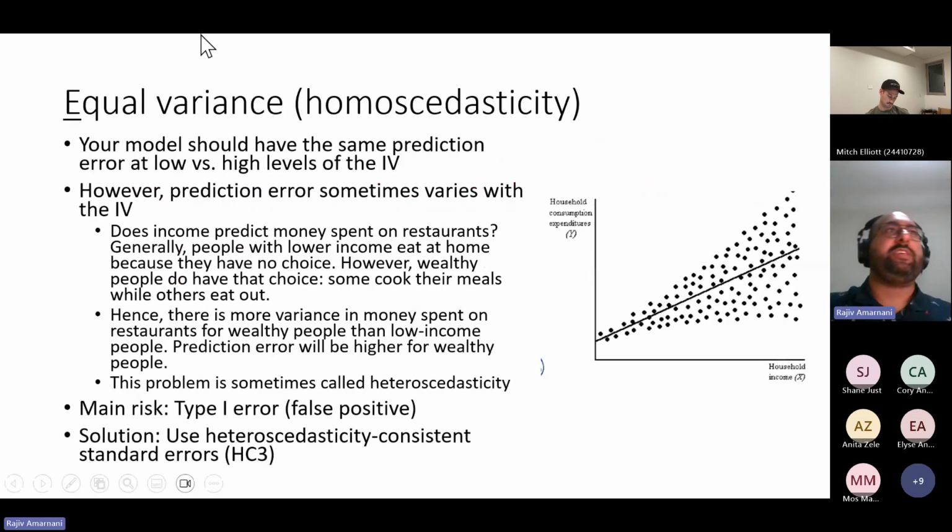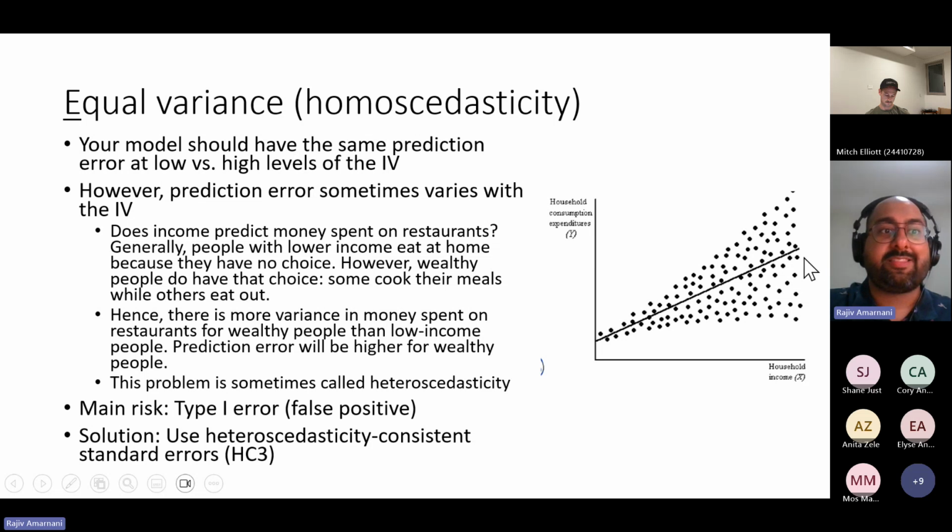And lastly, we have equal variance. This tends not to be a super big deal. This is the issue where the residuals are larger on one end of the variable than on the other end. Classic example is how much you earn and how much you spend eating out. If you don't earn much money, you generally will not spend a lot eating out.